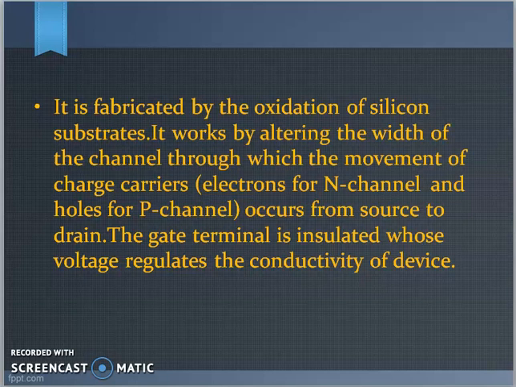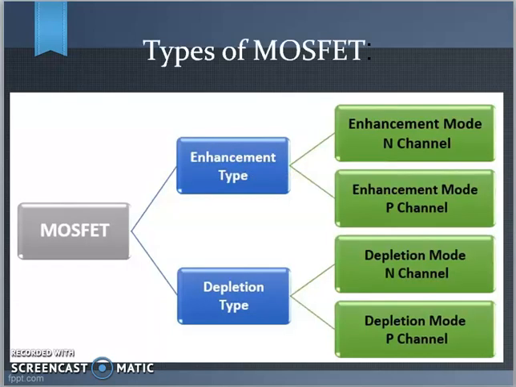It works by changing the width of the channel through which the movement of charge carriers, that is electrons for N channel and holes for P channel, occurs from source to drain. The gate terminal is insulated, whose voltage regulates the conductivity of MOSFET.